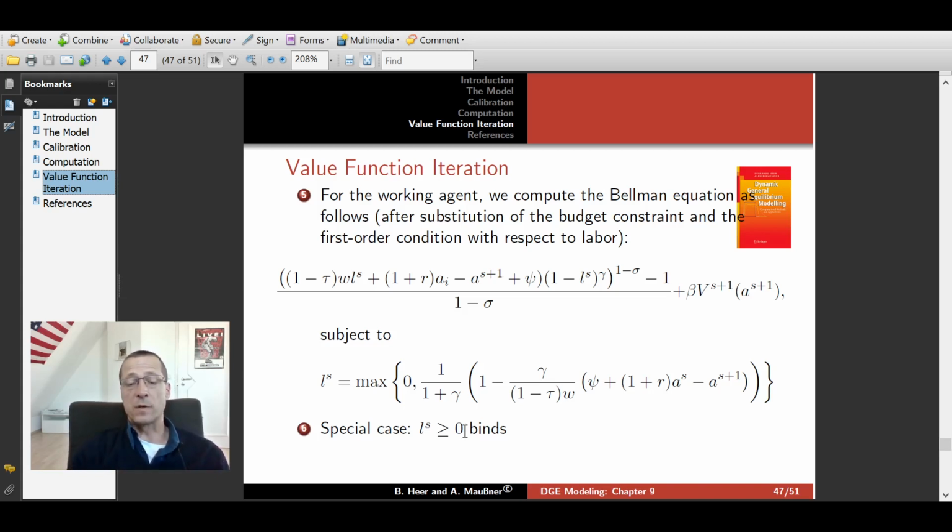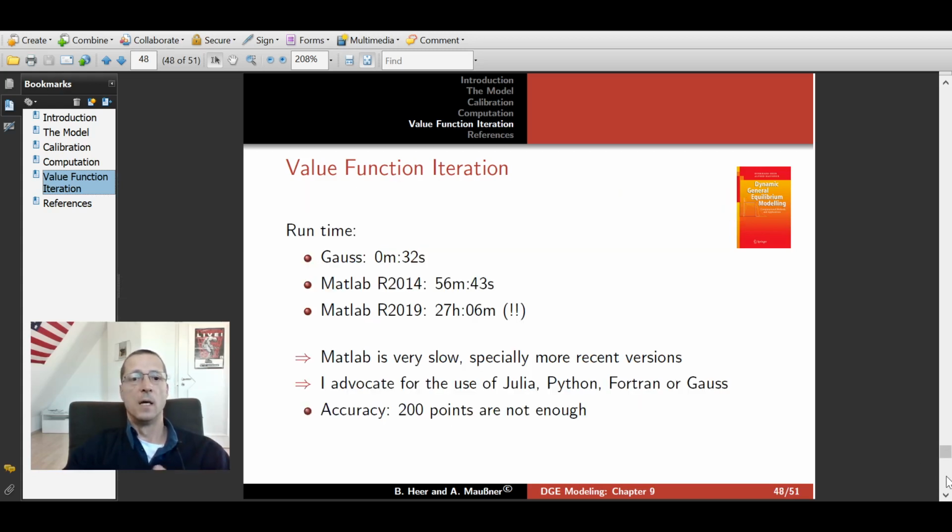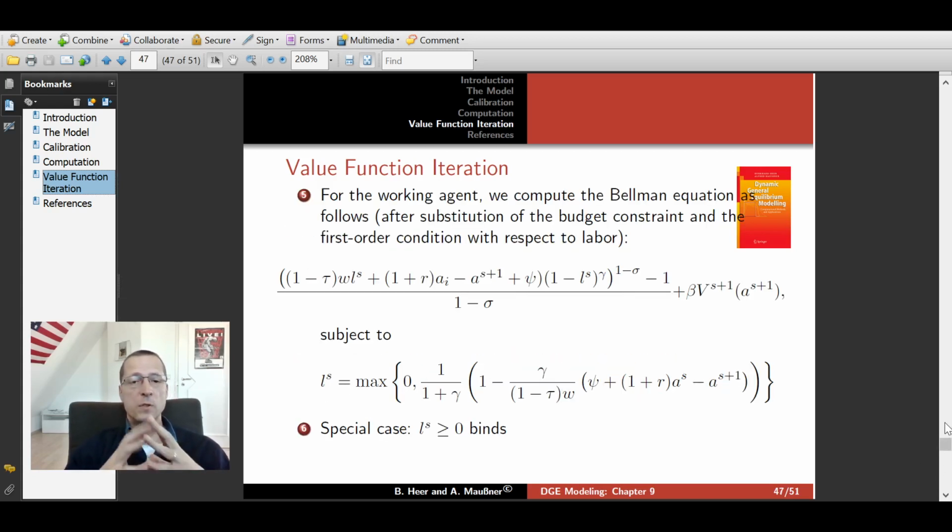And again, we store the value function as a function of the asset space. And now we also store the additional policy function, our labor supply. And again, our optimal labor supply, as you can see from this equation here, is only a function of the individual wealth at age S. Okay, and this describes the whole value function iteration problem.